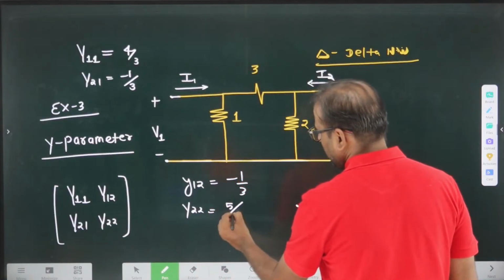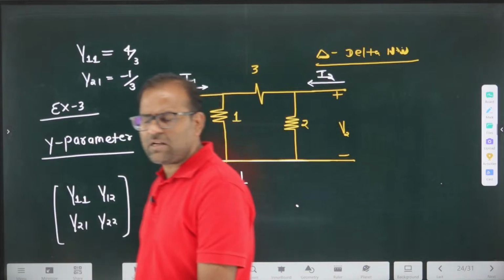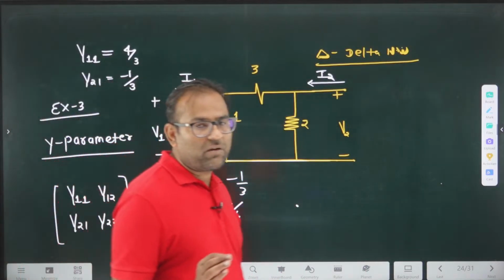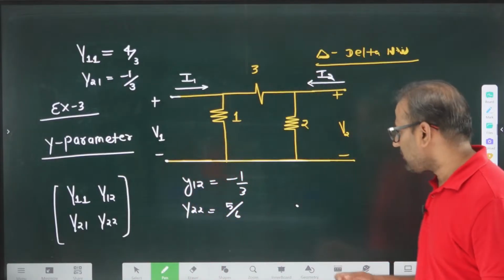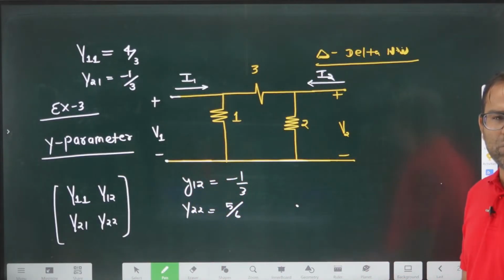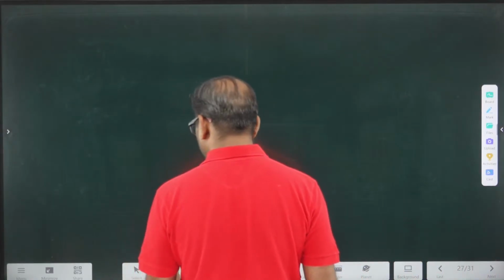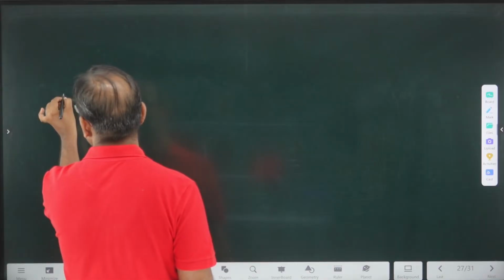But this is the standard way of calculating all the two-port parameters. But we can do it directly. Let's say I have the data in the form of Y parameters. I have a two-port network.